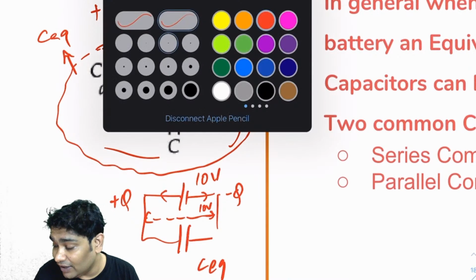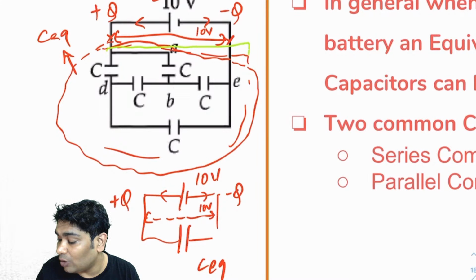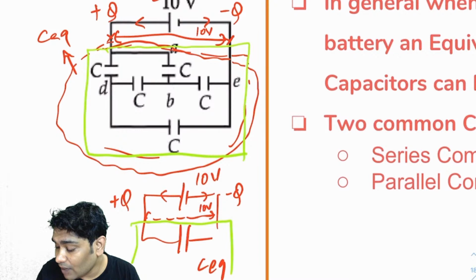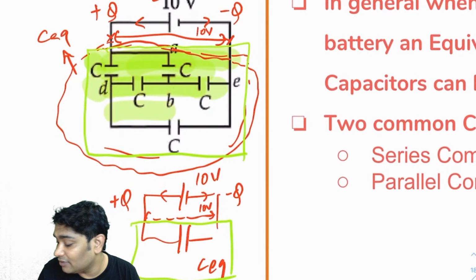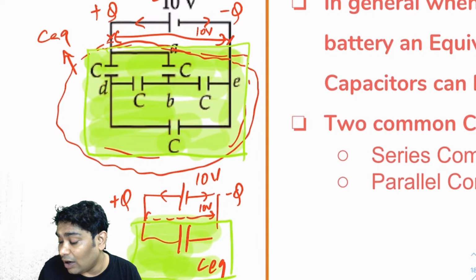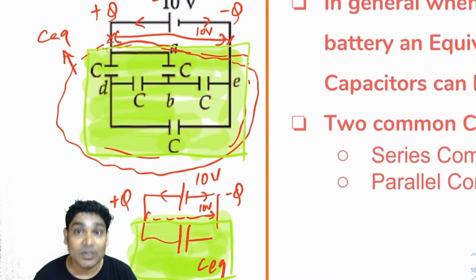See, the idea of equivalent is, if I hide this entire thing in a box which you can't look inside, and I place this other one also in a box, and you're not allowed to look inside the box, then without looking inside, can you differentiate which one is which? You can't. That is the idea of deciding an equivalent capacitance.